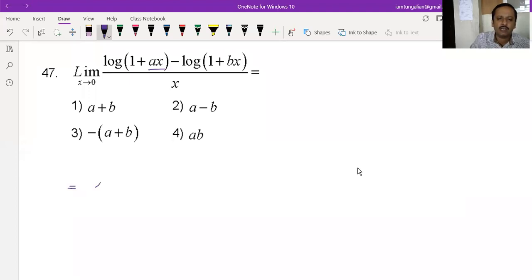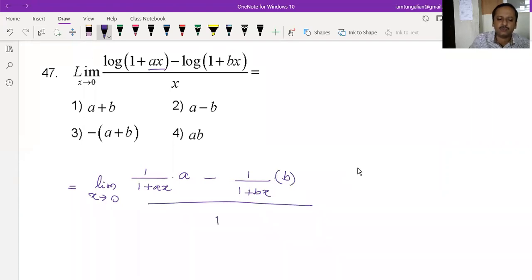So I will use L'Hospital's rule. Derivative of log(1 plus ax) is 1 by (1 plus ax) into a, minus the derivative of log(1 plus bx), which is 1 by (1 plus bx) into b, divided by the derivative of x, which is 1.